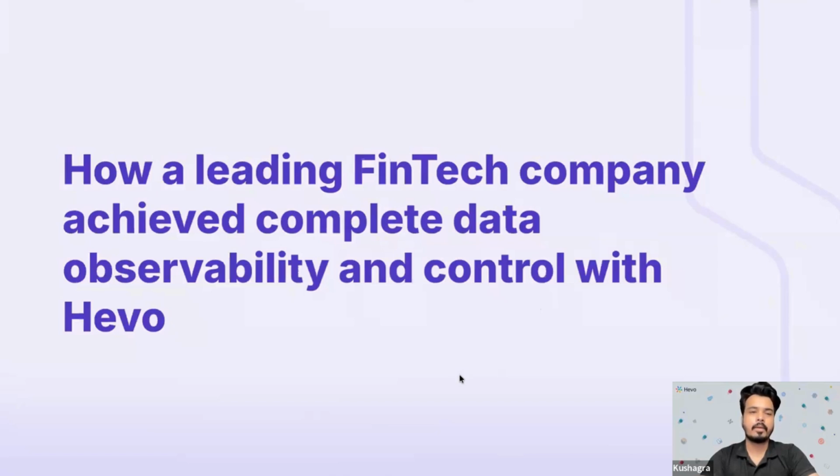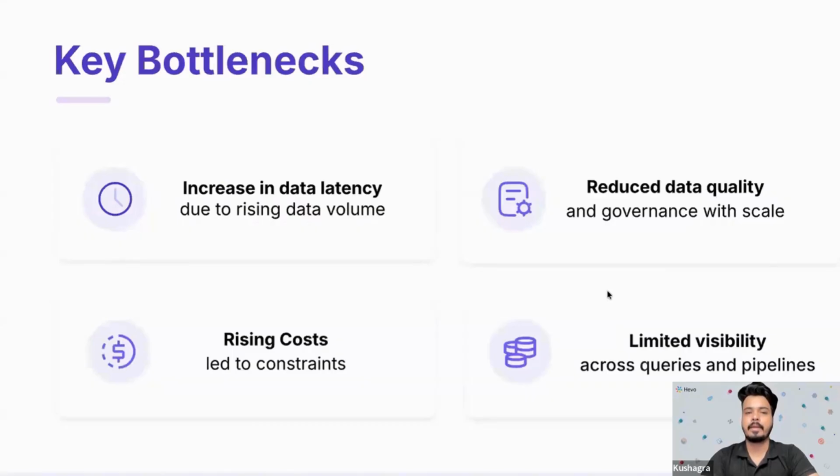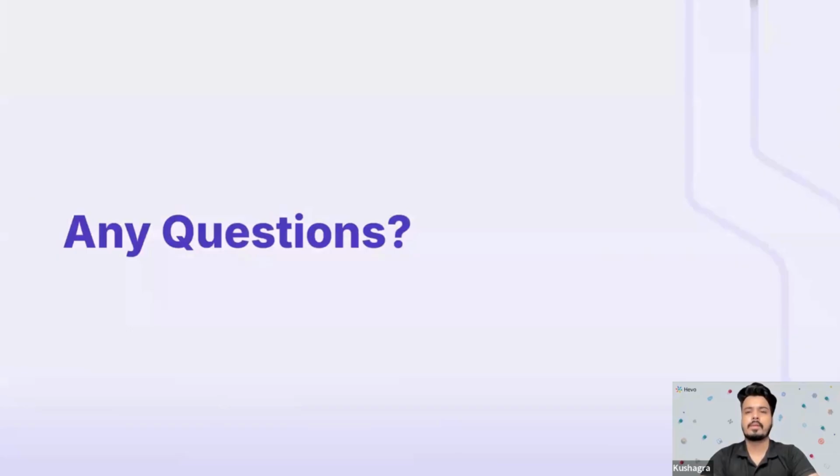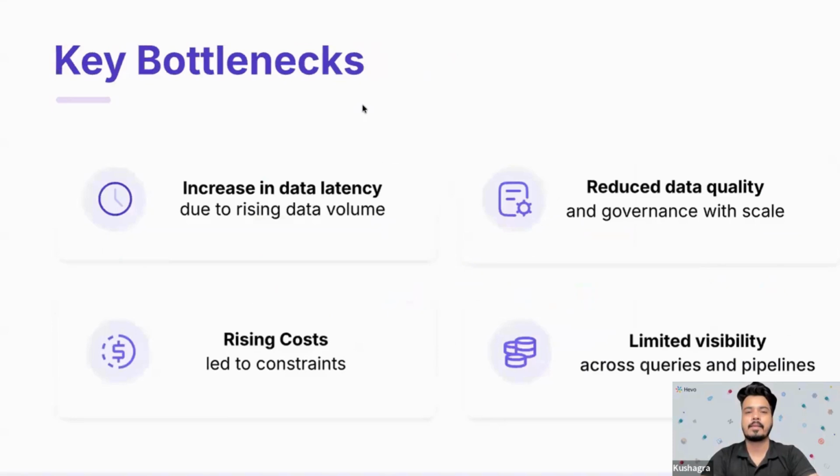We'll be talking about how a leading fintech company achieved complete data observability. Before Hevo, they had a fragmented setup: multiple ingestion sources, a blend of internal microservices, external APIs, and a warehouse that everything flowed into. The issue wasn't the tools themselves, it was a lack of cohesiveness. Pipeline ownership was scattered and monitoring was inconsistent.